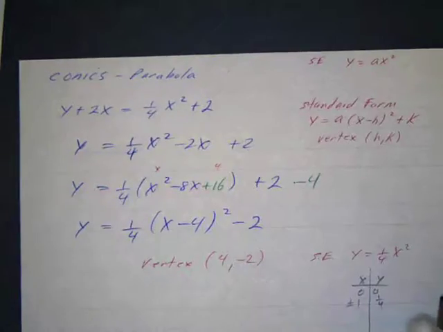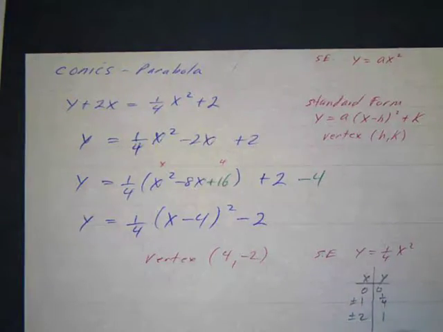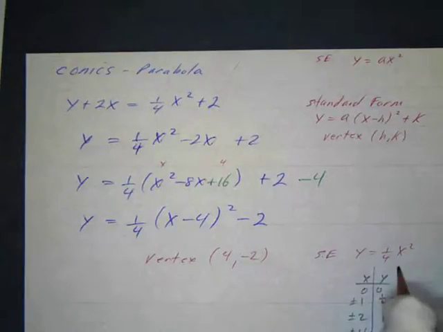Then I could try 2. Plus or minus 2 will give me 4, and 1/4 of 4 is 1. And I could try plus or minus 4. In each case I'm going to get 16, and 1/4 of 16 is 4. So those are some points I can use to get the idea of what's going on here.